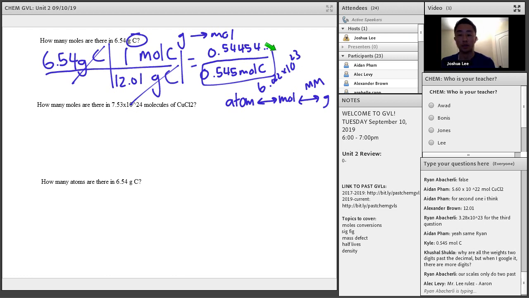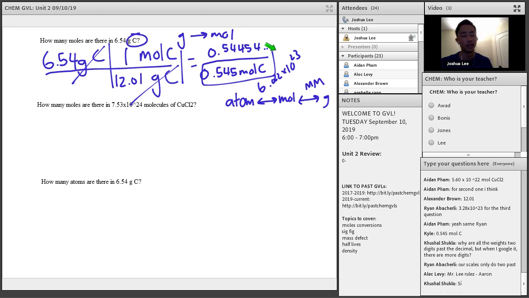So for the second problem, we're going from molecules to moles. But here's the thing, I didn't write anything about molecules. Why do I have to use this word molecule? Why can't I just say atom?